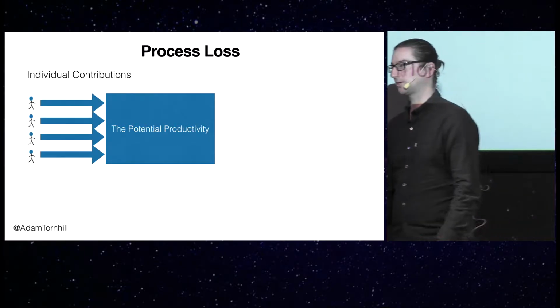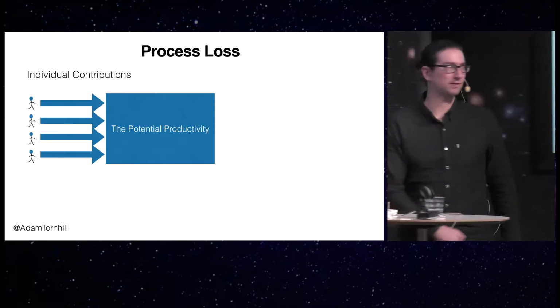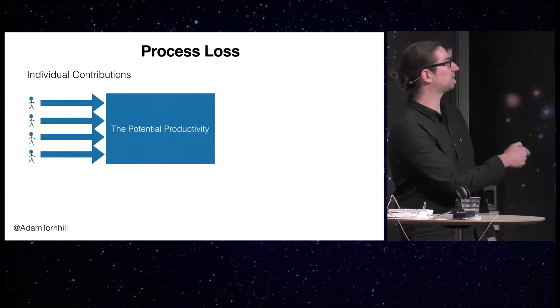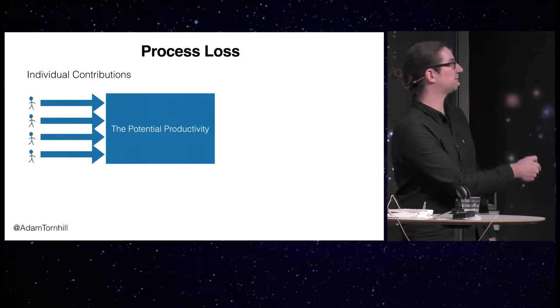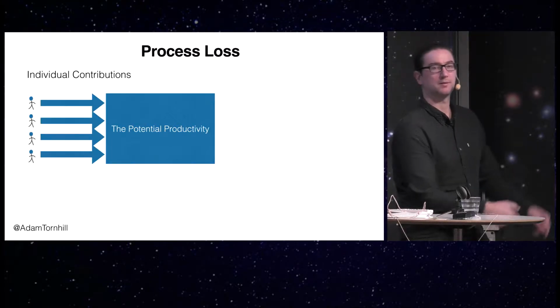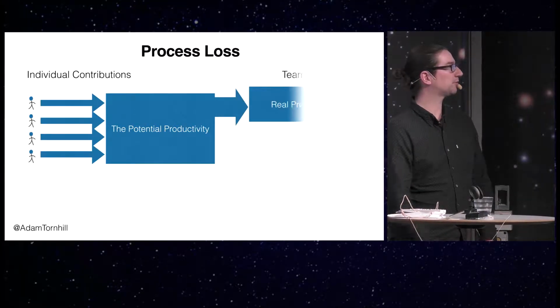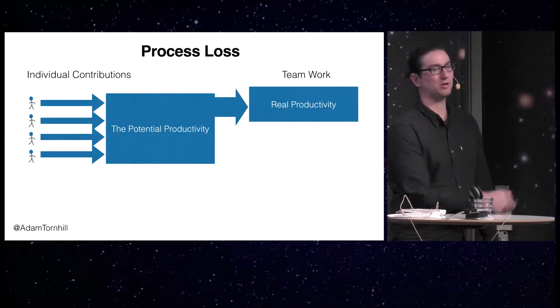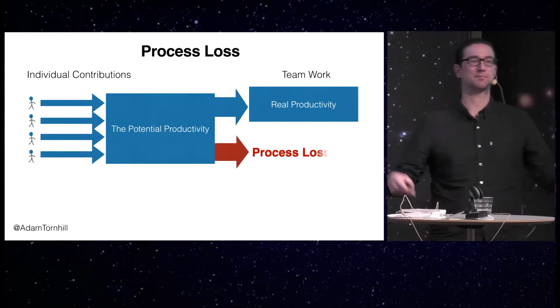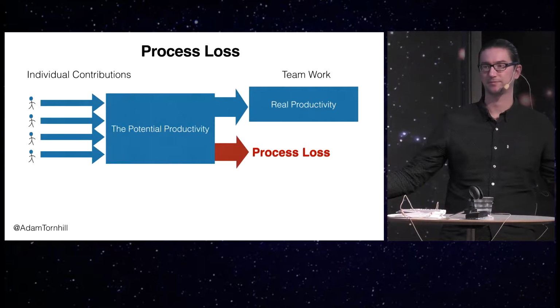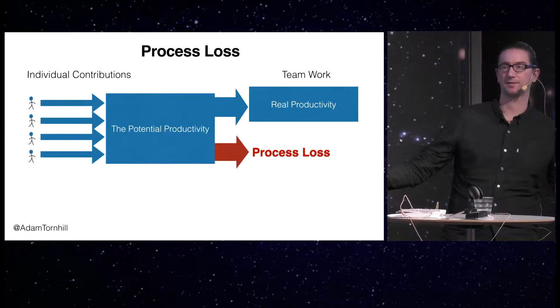So here's how the model works. Let's say we have a bunch of individuals here. We put them together in a team. Together, they have a potential productivity. But that's never, ever what we get out of a team. The real productivity is always going to be smaller, and part of the potential is simply lost. How can that happen?